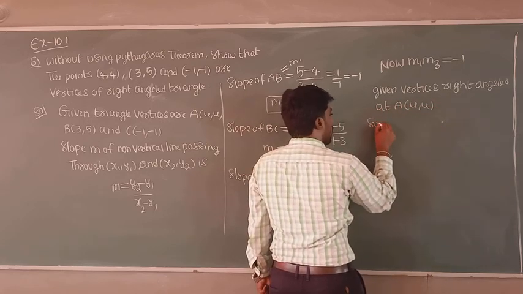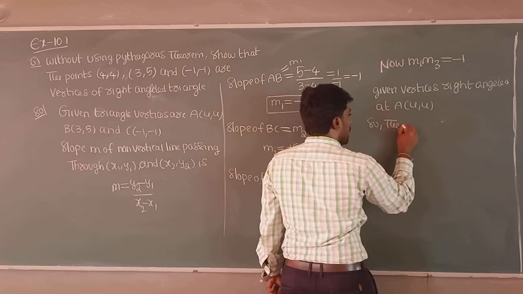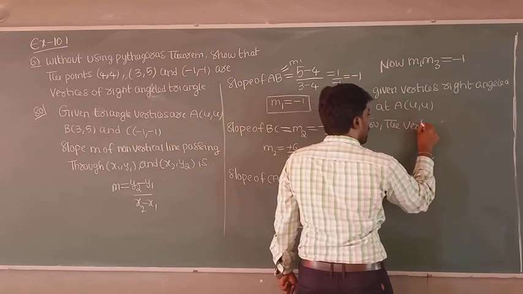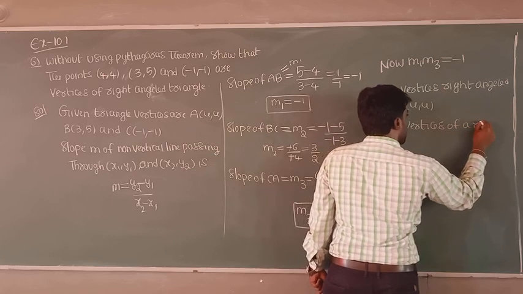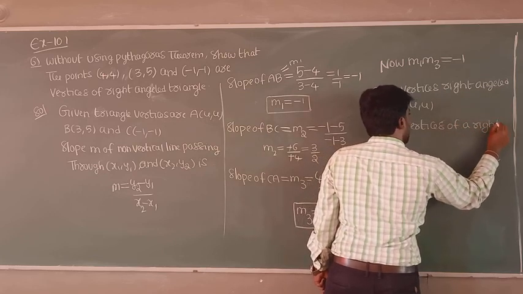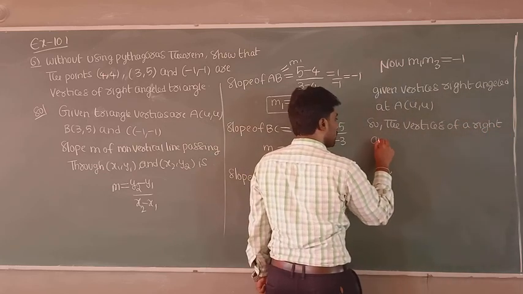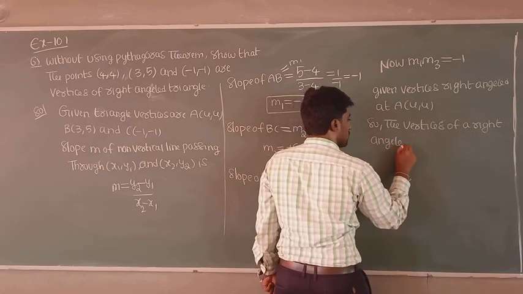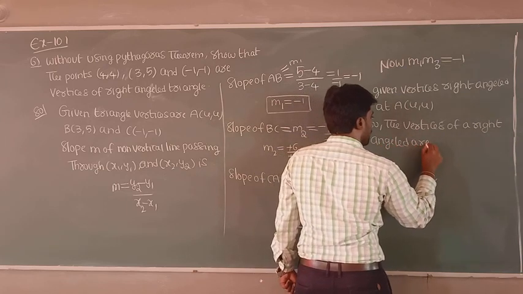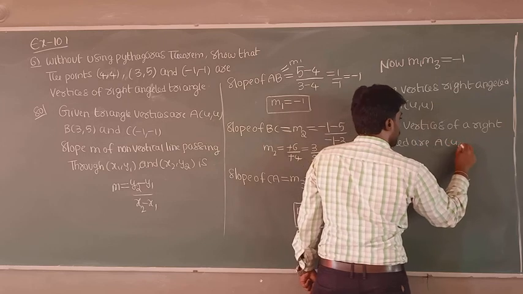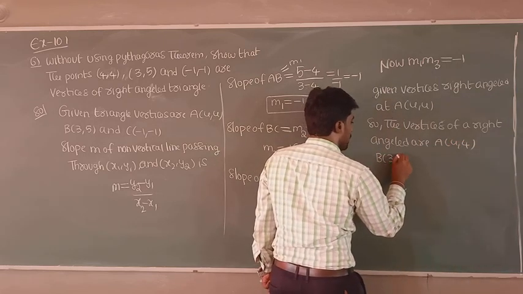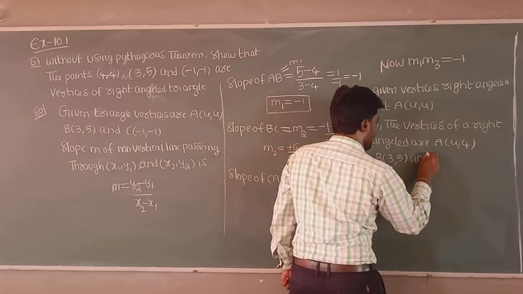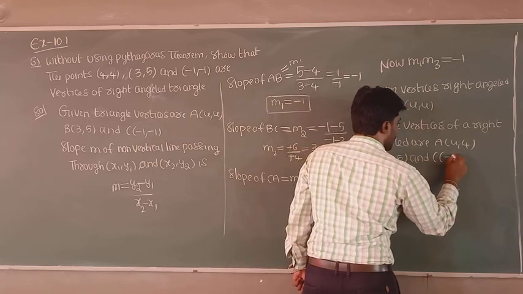The vertices of a right angle triangle are point A (4, 4), point B (3, 5) and point C (-1, -1).